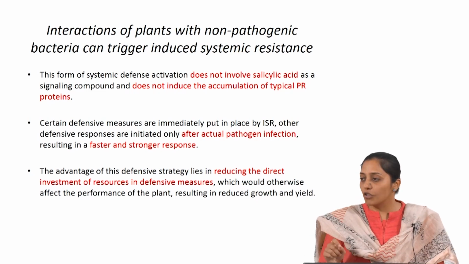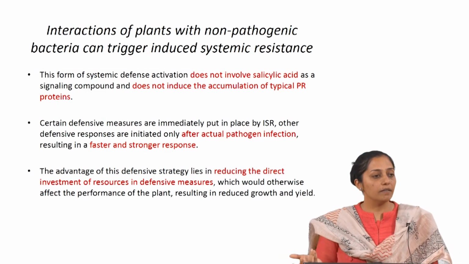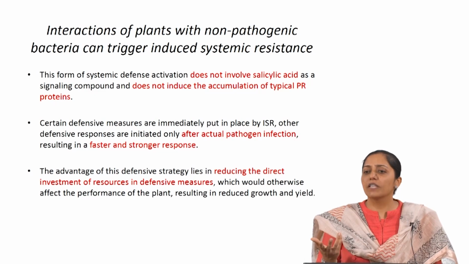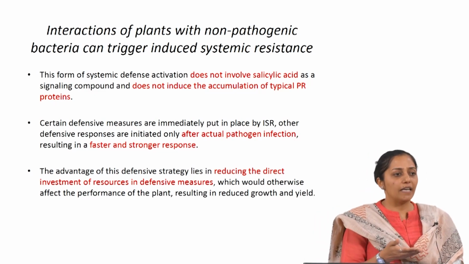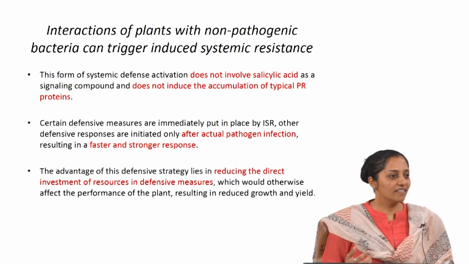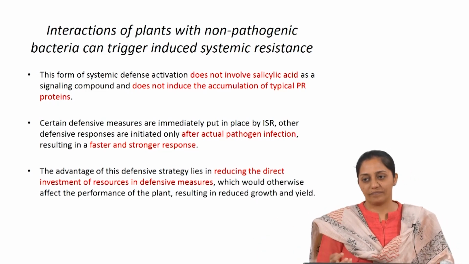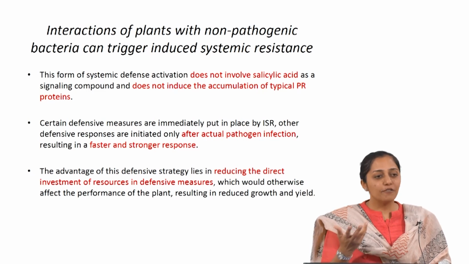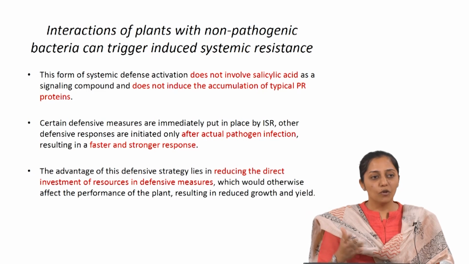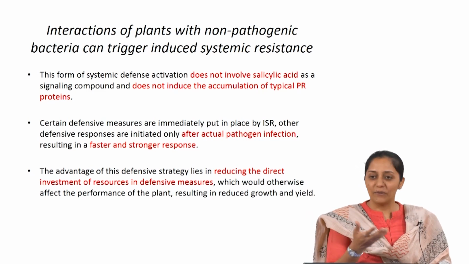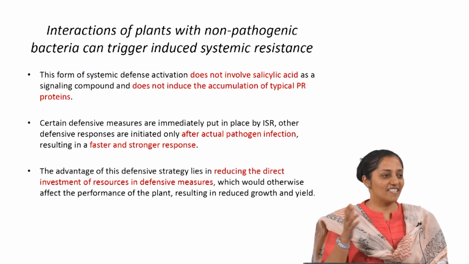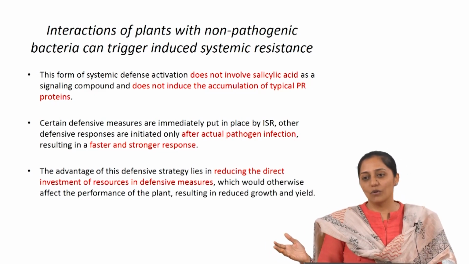The advantage of this defensive strategy would be, logically, without reading also you should be able to tell me. Why do you think the plant has a first line of defense, a second line of defense, having different modes of action? It doesn't want to waste everything. In the end, everything needs carbon and energy. And we know how difficult it is for the plant to get the carbon. We have now studied photorespiration, photosynthesis, the loss the plant goes through.